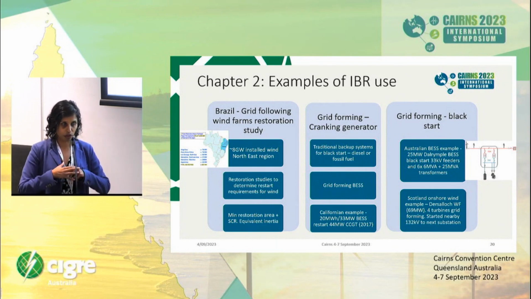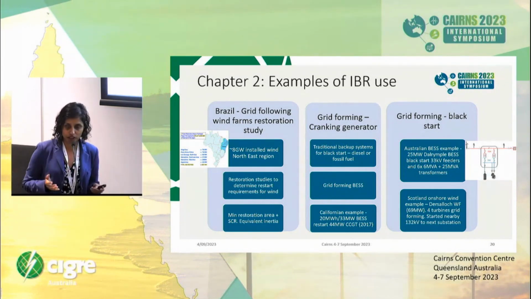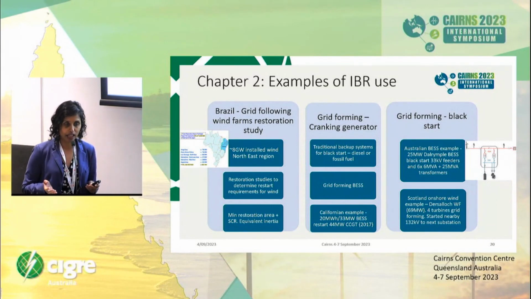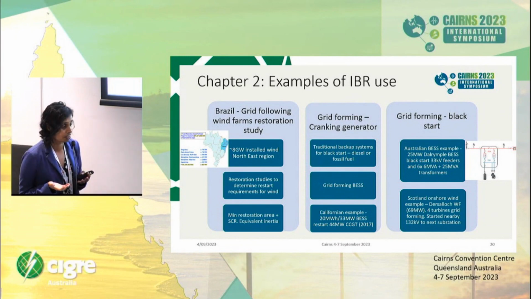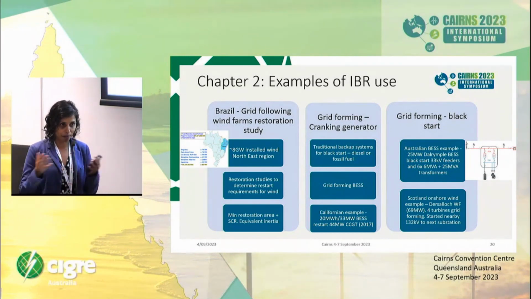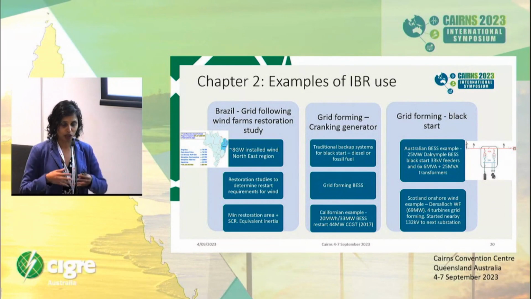They've looked at a minimum restoration area that has minimum SCR requirements at different AC substations to support certain wind farms coming back online, and equivalent inertia requirements. Through their analysis and studies, they determined that a minimum restoration area supported by traditional synchronous generators can be available to bring wind farms back up earlier.